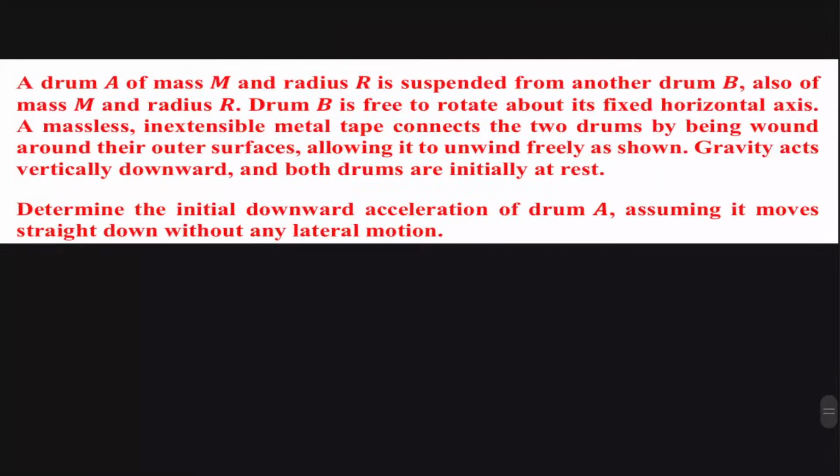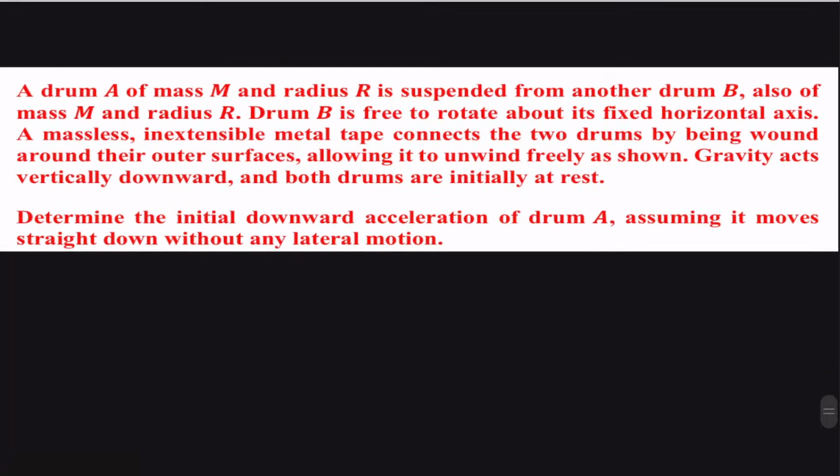We are also going to do another problem, which similarly we can call a yo-yo. It states that a drum A of mass M and radius R is suspended from another drum B, also of mass M and radius R. Drum B is free to rotate about its fixed horizontal axis.